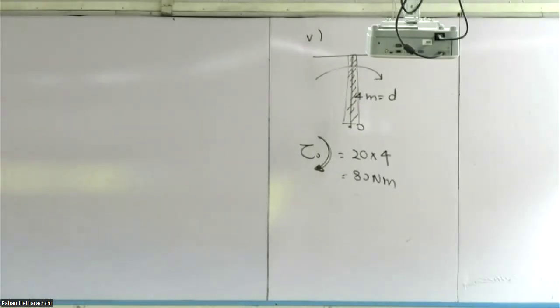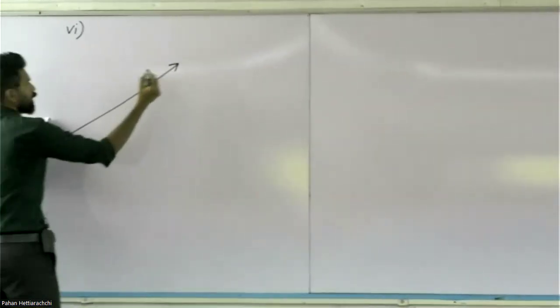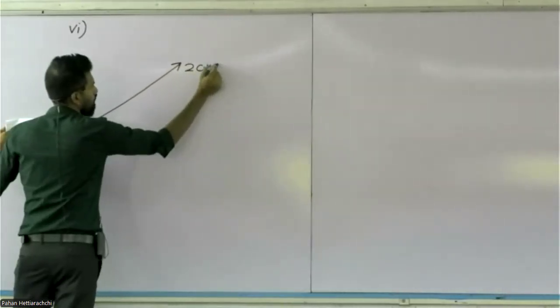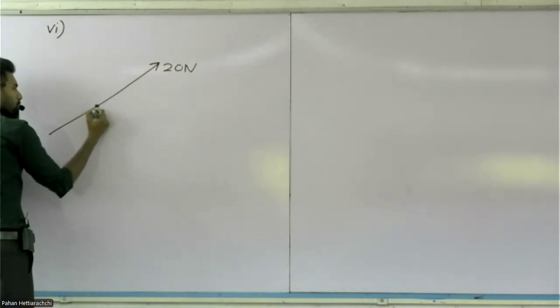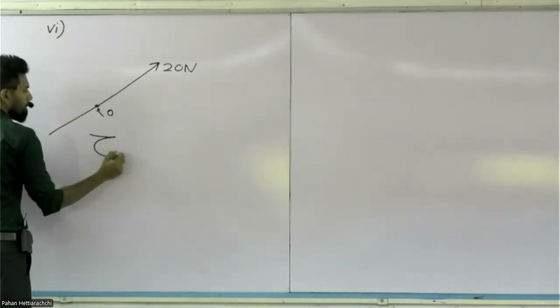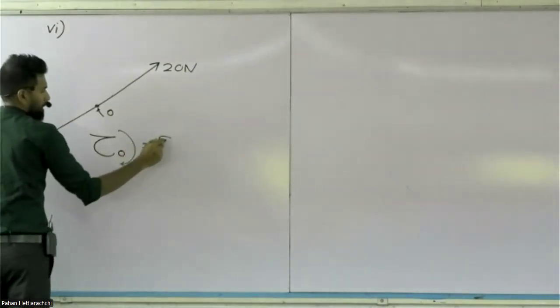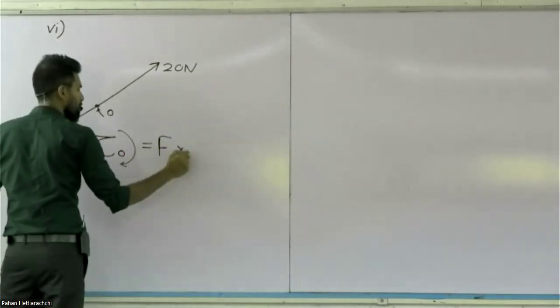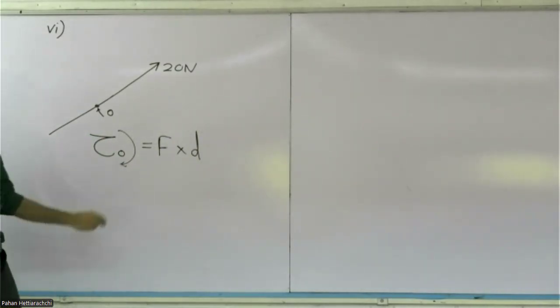Okay, part 6. Now, there's a force of 20 Newton, and this force is passing over the considered point O. So what is the moment about point O? It is equal to force times the perpendicular distance from the point you consider.